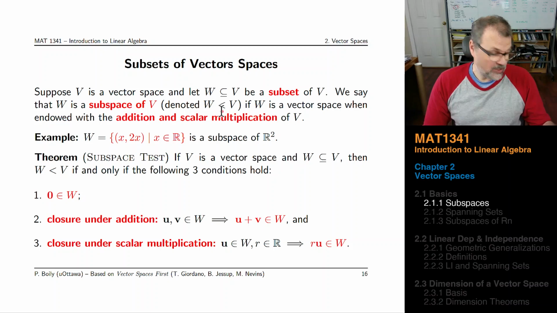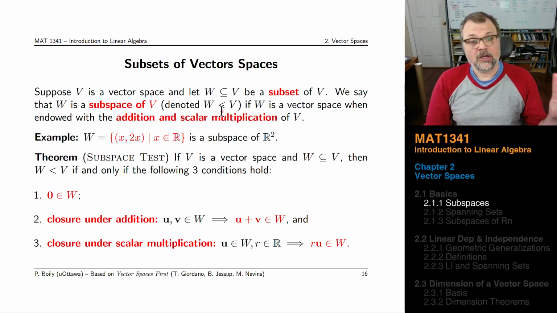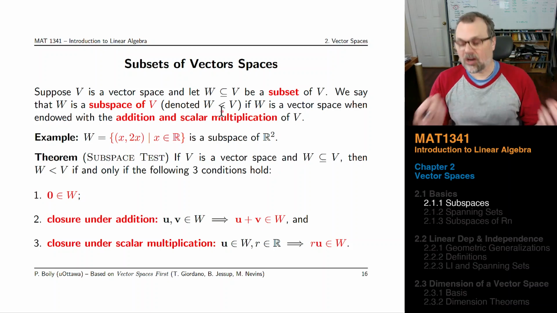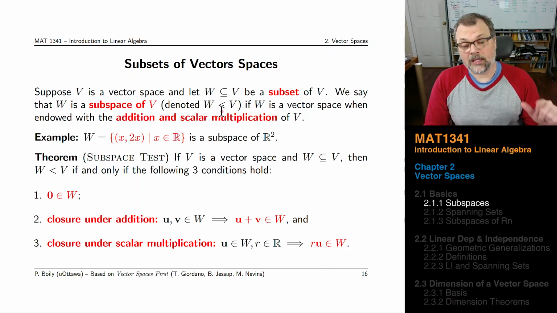If you give me 2 vectors, U and V, general vectors here, not specific vectors, in W, then their sum is a vector which is also in W. Hence, you cannot leave W by just adding together vectors in W. And thirdly, you need to show that W is closed under scalar multiplication. If you give me a vector U and a scalar R, when I multiply U by R, I get a new vector which is itself also in W.